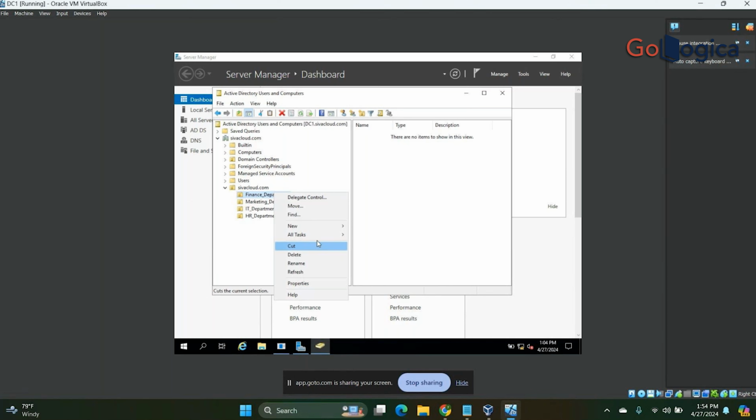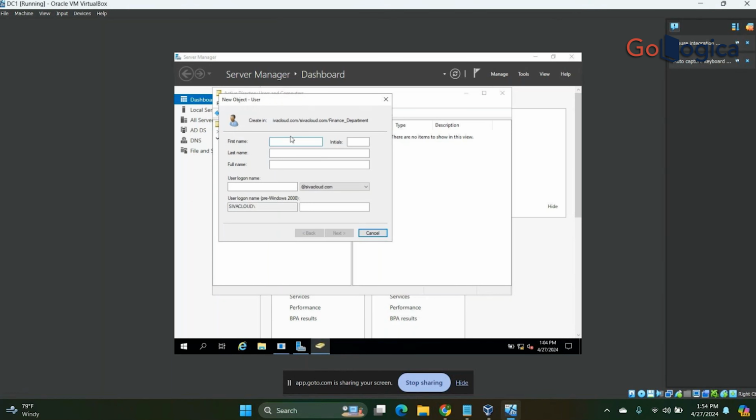Can I create a user under the finance department? Yes. Now you are supposed to create one user. So where exactly you can click on the user, give the name of that user.